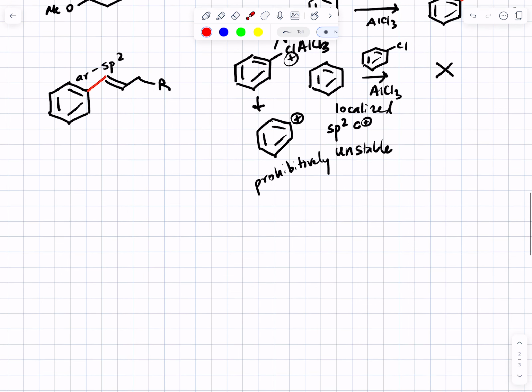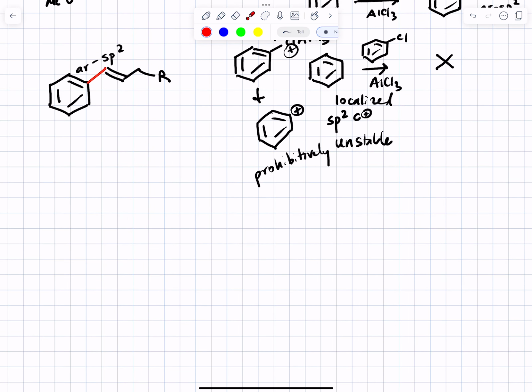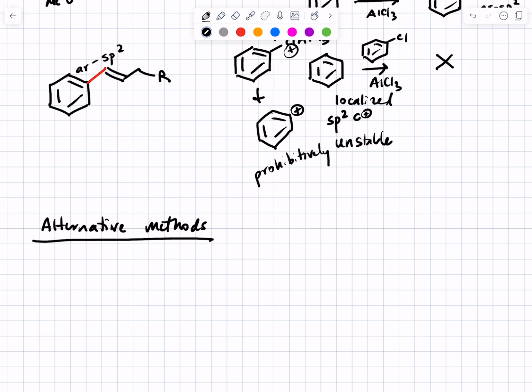So we want to introduce the possibility of some of these alternative methods, and they're going to involve transition metals. In each of these reactions, I'm going to show you the reaction, then we're going to talk about the fact that it works, then we're going to investigate mechanism. And as we investigate mechanism, we're going to have to learn some things that you probably don't already know about transition metals and that I only barely know.